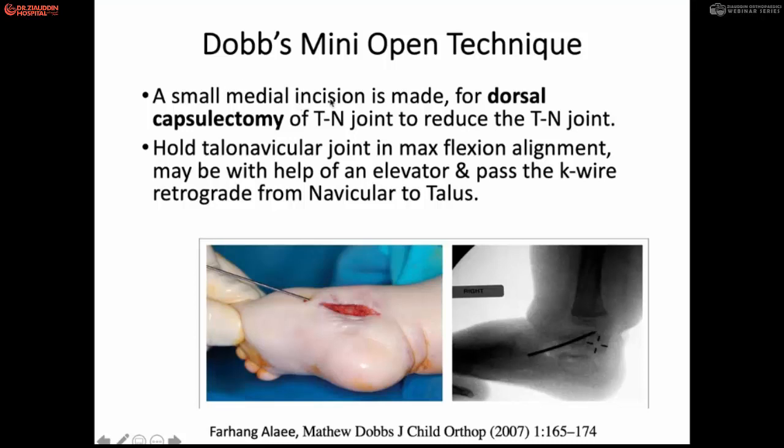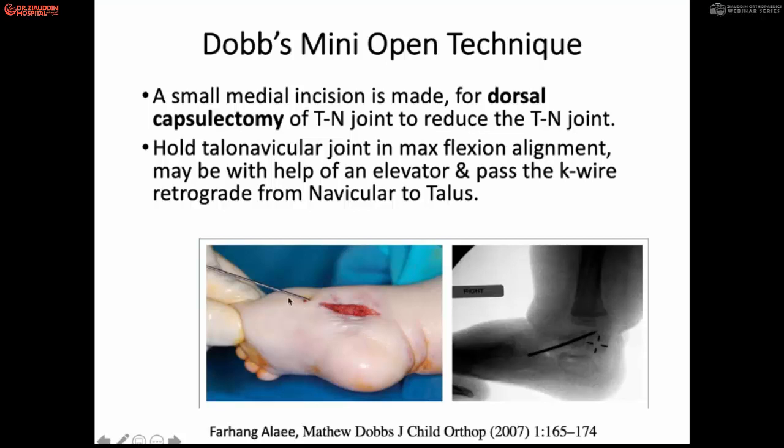A small medial incision is given when you have already reduced and stretched the lateral structures and the case is resistant. After 4 or 5 casts, you give a mini incision over the talar head, at the base of the first metatarsal or navicular. You reduce this joint, and sometimes you need an elevator to reduce the navicular downward, palpating the talar head.